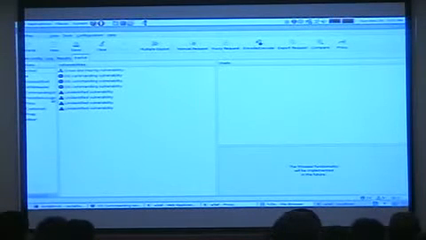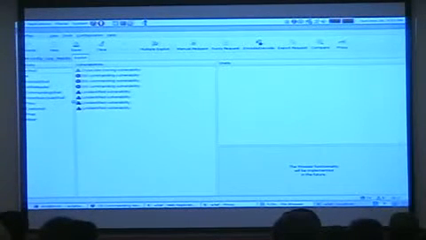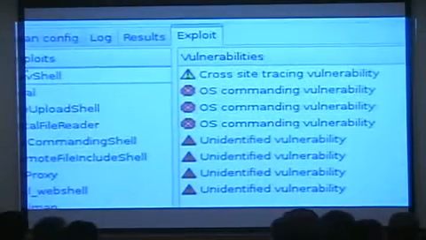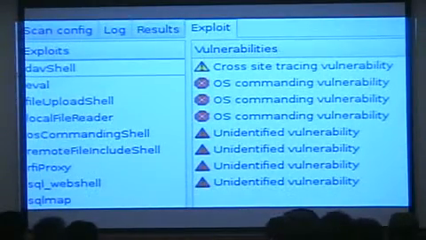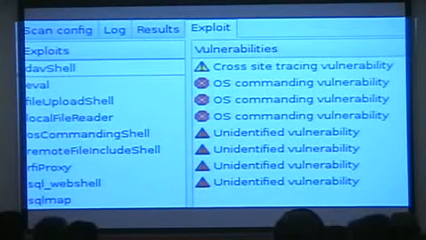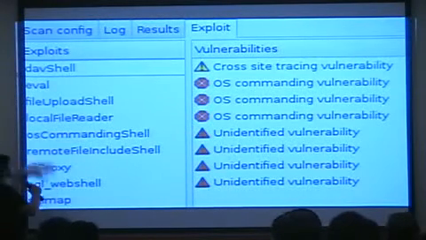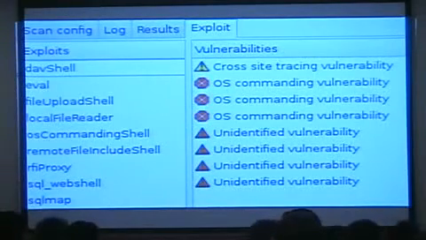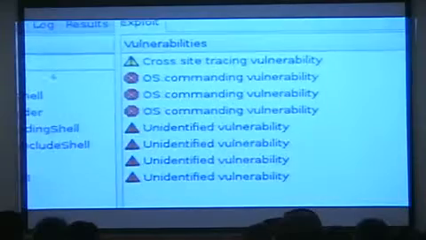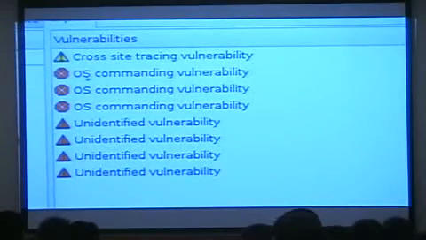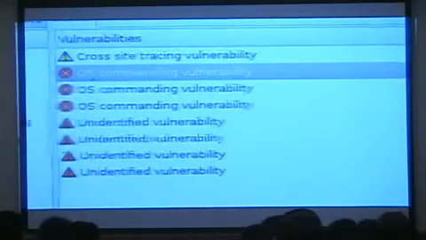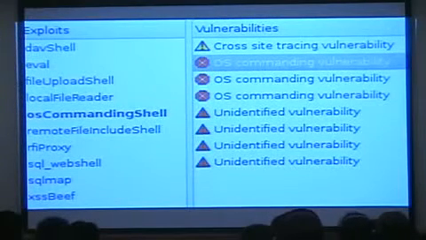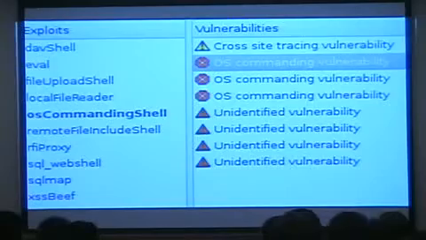If we go to exploit, and we say, okay, in here we have all the exploits, which are plugins. In here we have the vulnerabilities. And we say, okay, I want to exploit this OS commanding. If I click there, now the OS commanding plugin is in bold letters.